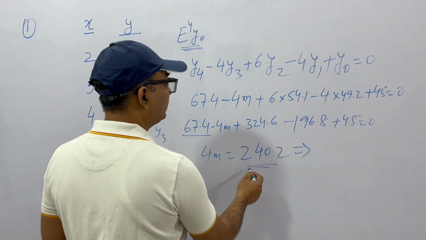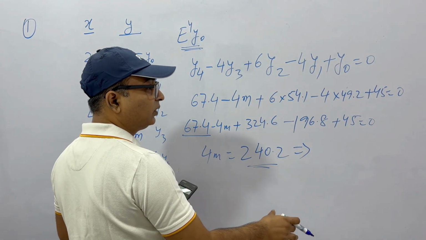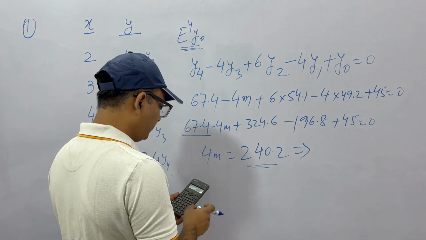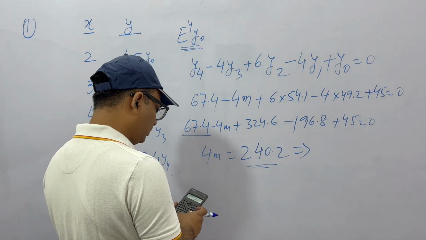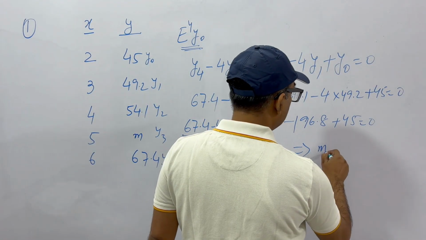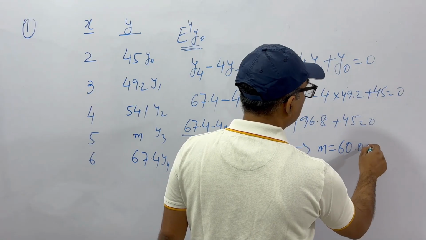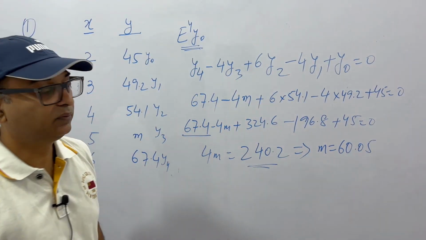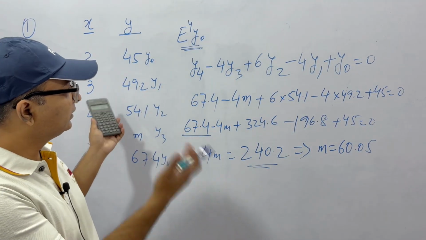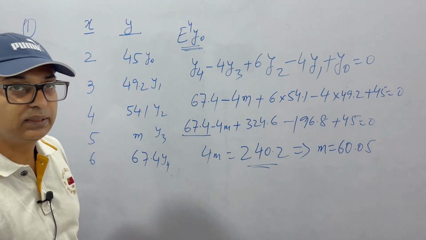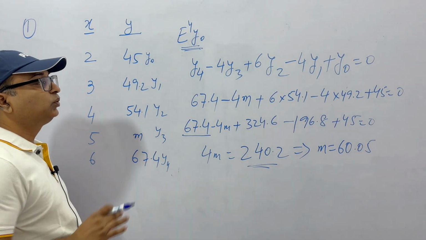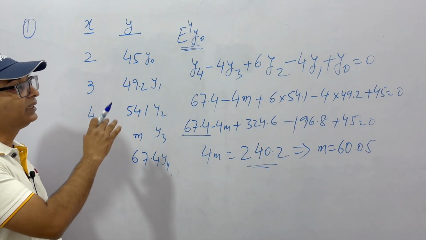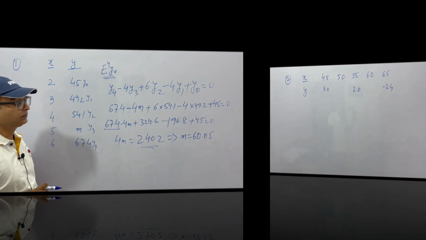This is the value we had got in the table also, delta 4 of y. So this divided by 4 is 60.05. So we have the same value. Actually, the calculation is the same, so we'll get the same value. So these are two different methods by which we find the missing term.